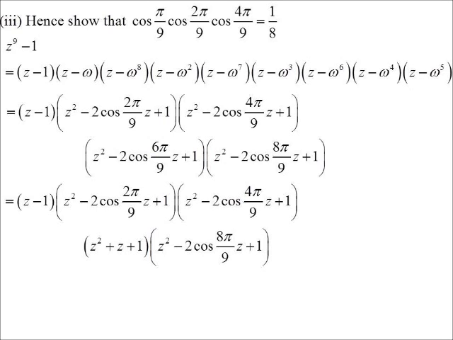But omega was cis pi on 9. So this one here is cis pi on 9. Its conjugate, therefore, is cis minus pi on 9. If I add the two roots together and their conjugates, I get twice the real part. The real part in both of them is cos 2 pi on 9.